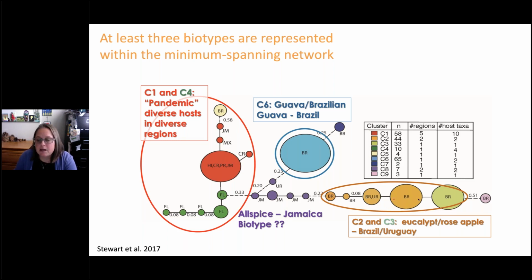And this was represented by 5 different genotypes that belonged into 2 different genetic clusters. We also had some evidence for potentially an allspice Jamaica biotype. You can see the circles labeled in purple here, but we know that we've got at least 3 that are pretty well represented: the pandemic, guava, and then the eucalypt rose apple biotype.